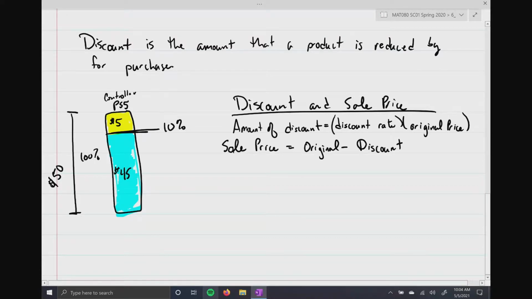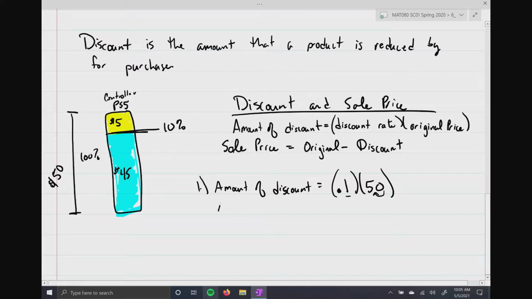So, like I said, if we were to take this example and how I did it, like I did it in my head a little bit, here's what I did. First thing is I found the amount of discount. The store is telling me that they're going to sell me this PS5 controller for 10% off. So my discount rate is going to be 0.1 times the original price, which is $50. Now, remember, you're multiplying by a factor of 10, such as 0.1 or 0.01. So all we have to do is count the number of decimal places and move our decimal place one place to the left.